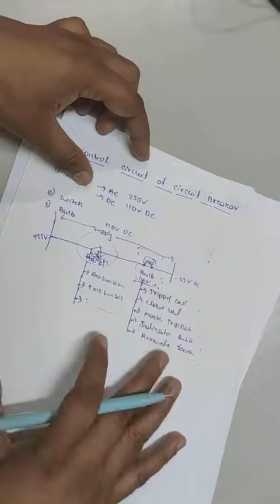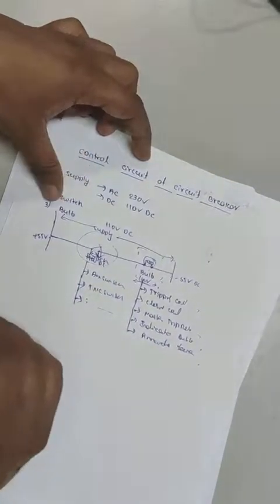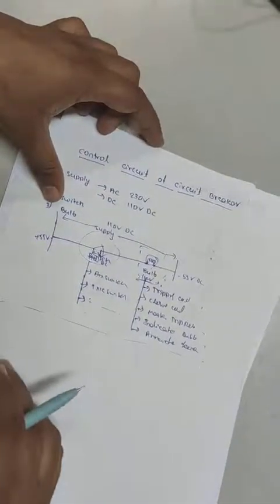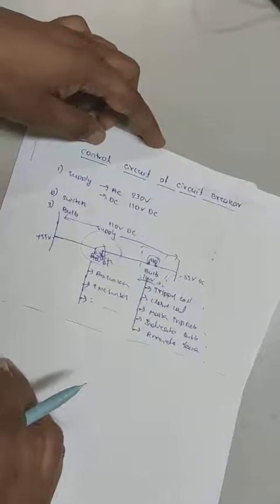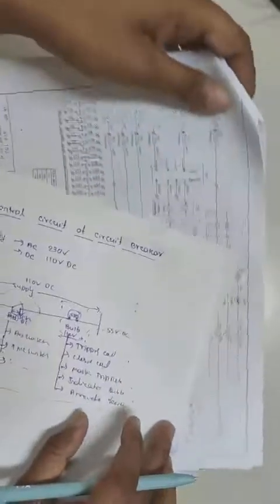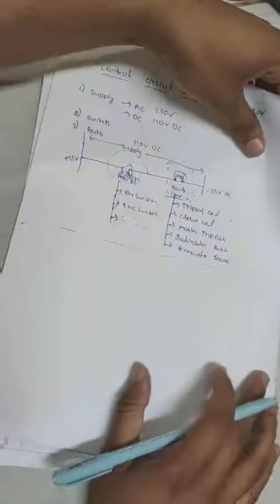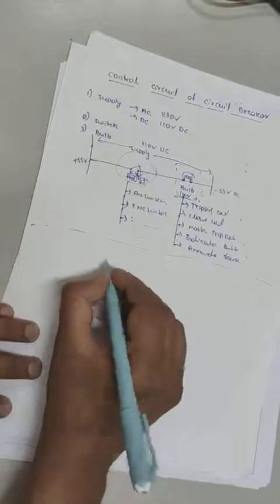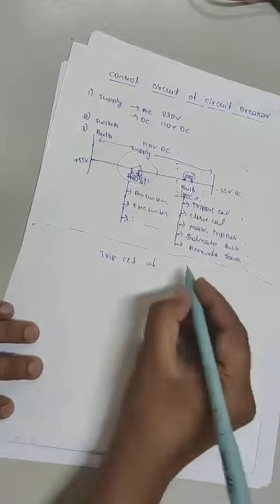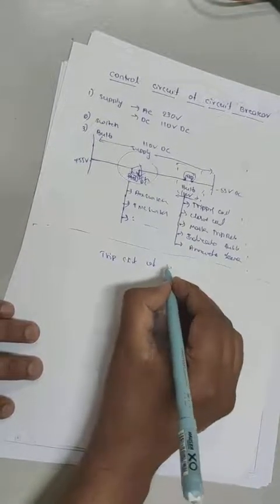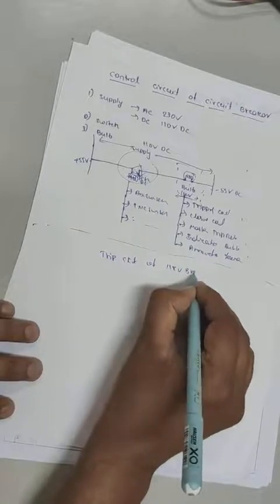After understanding this concept, let's understand a simple electrical circuit like the breaker control circuit, like the tripping mechanism, the trip circuit of the breaker. Let us first learn 11 kV breakers.